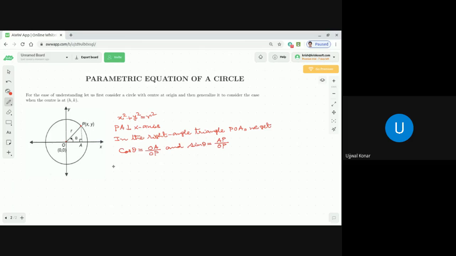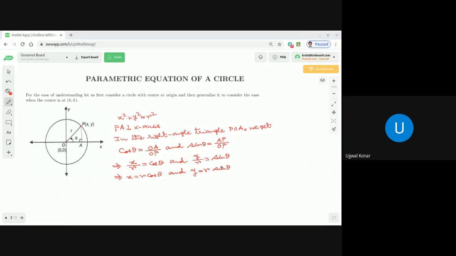This implies what, dear students? What is OA? OA is nothing but x, that is the x coordinate of the point P. So that means x by r is equal to cos theta, and y by r is equal to sin theta. So from here what we get, dear students? x is equal to r cos theta and y is equal to r sin theta.